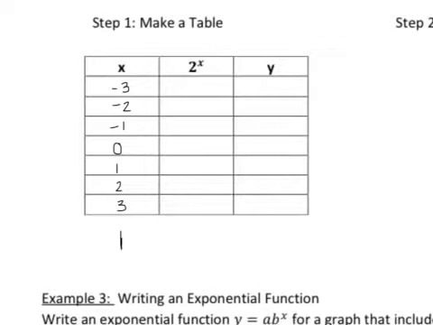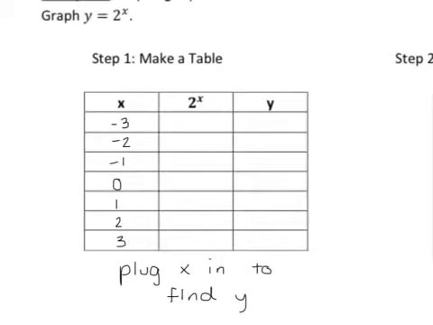So we're going to plug X in to find Y. If we plug X in, our equation was 2 to the X. So we'll have 2 to the -3. Somebody figure that out? What is that? 0.125, which is the same thing as 1/8.